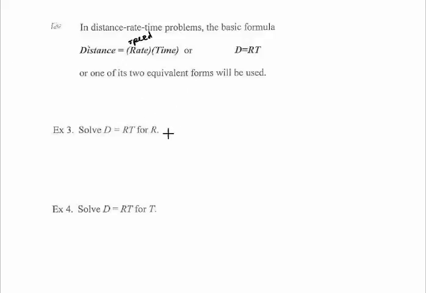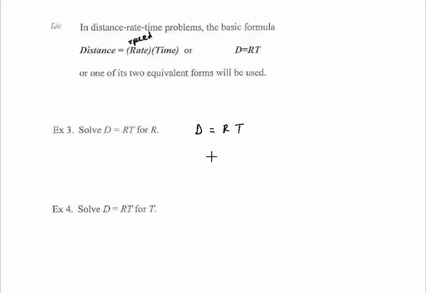Alright, so we're not just going to use this form of the formula. This one formula actually contains, it's sort of a 3-in-1 deal. We can rearrange this with what we know about algebra and get 2 other formulas. So for instance, D equals RT.